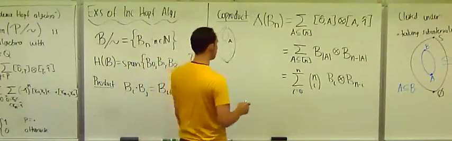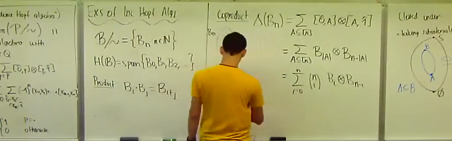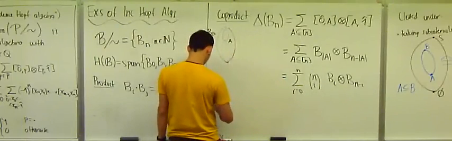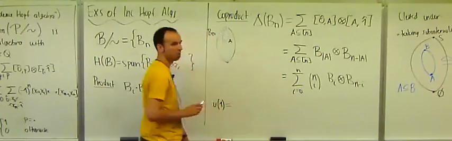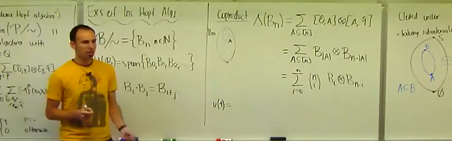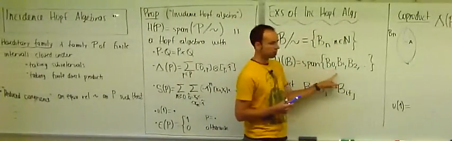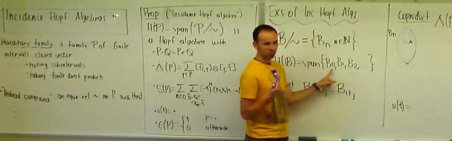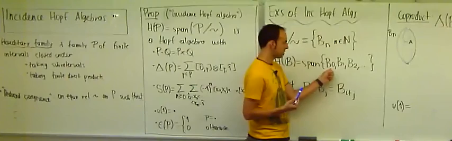Let's get the unit and the co-unit out of the way. So what's the unit? The unit is the one element poset. So what is the one element poset called here? It's B0, right? The subsets of the 0 element set, that's the 0 element set.